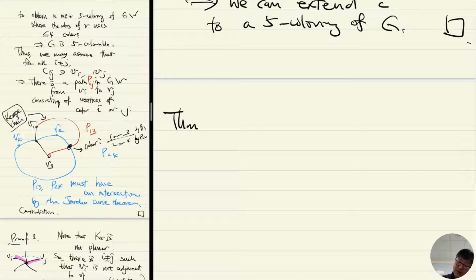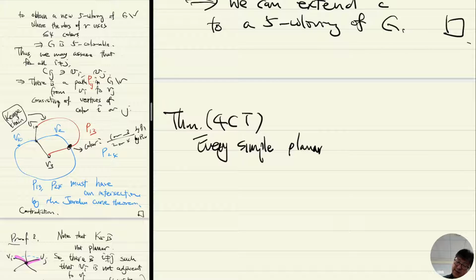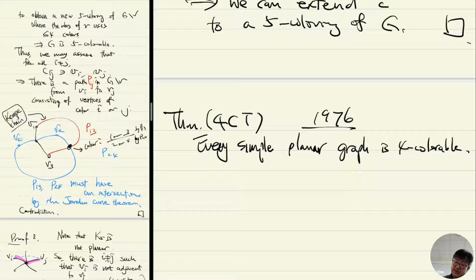Now, this famous theorem, the 4-color theorem, states that every simple planar graph is 4-colorable. And this was only proved in 1976 by Appel and Haken.